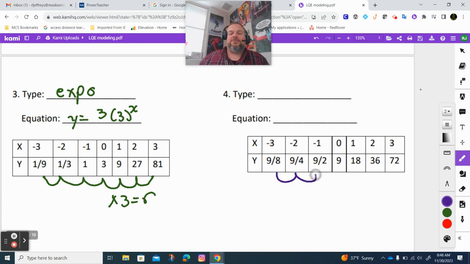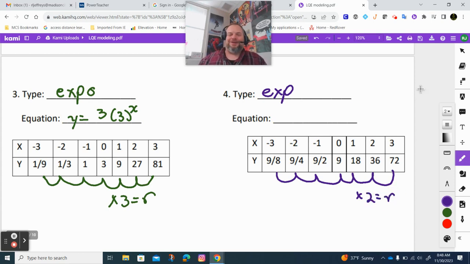All right, fraction 9, 18, 36, 72. Wonder what's happening right here with our y's. Exponential, yeah, because they're getting big fast. We're multiplying by 2 each time.